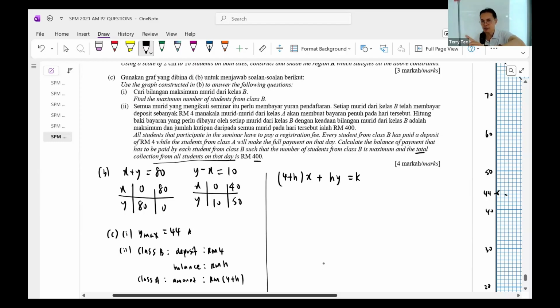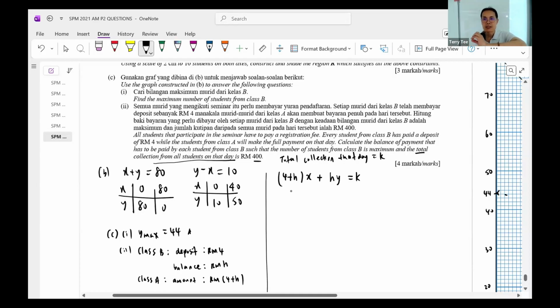K is the total amount to be paid, or should I say your total collection on that day. So it is 4 plus H times X for class A, H times Y for class B, total is K.